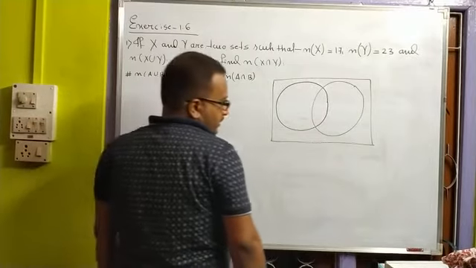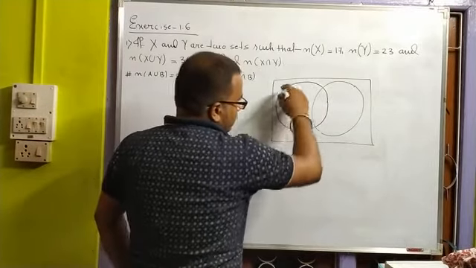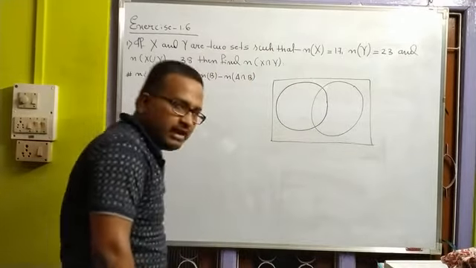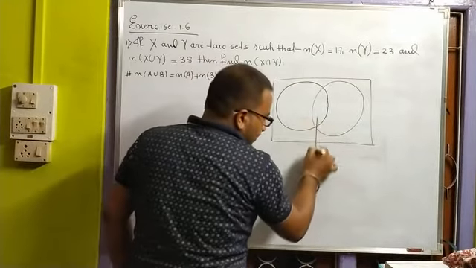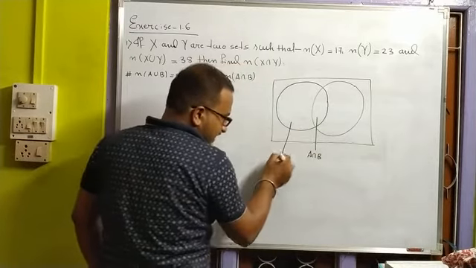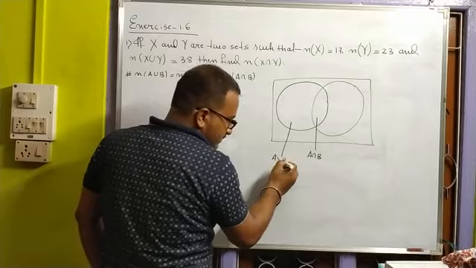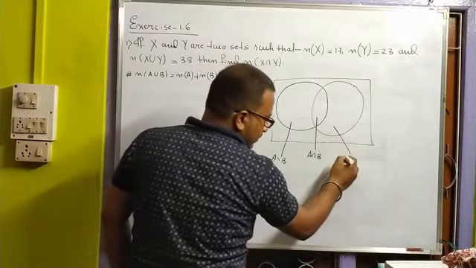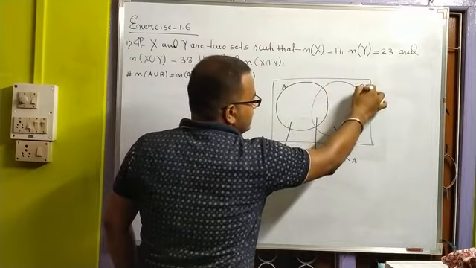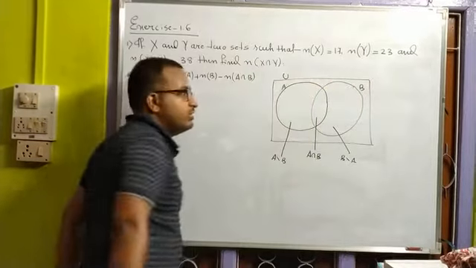You see, the whole area gives you the union of two sets. This area will give you A intersection B, this area will give you A difference B, and this area will give you B difference A. This is your set A, this is your set B, and this whole is your universal set.